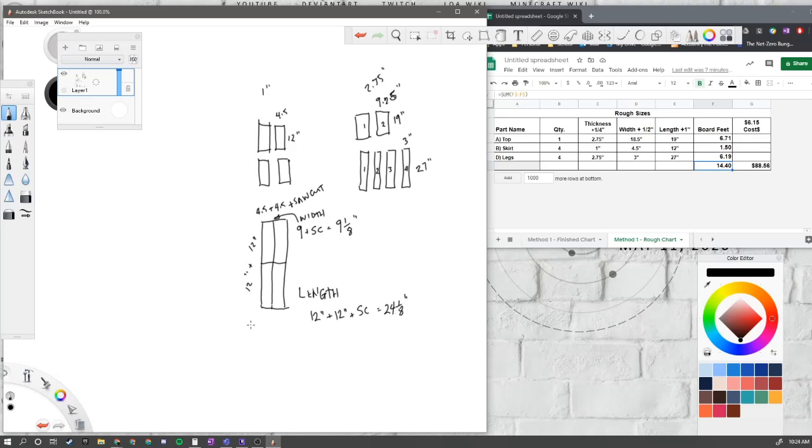So for this piece of wood, if I'm going thickness, width, length, I need a 1 by 9 and an eighth by the length we said was 24 and an eighth.